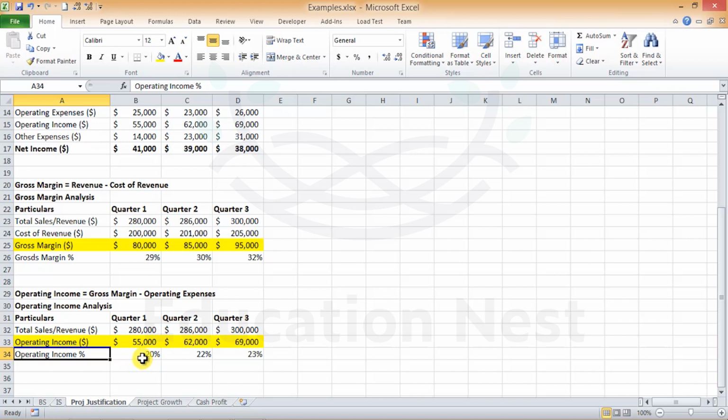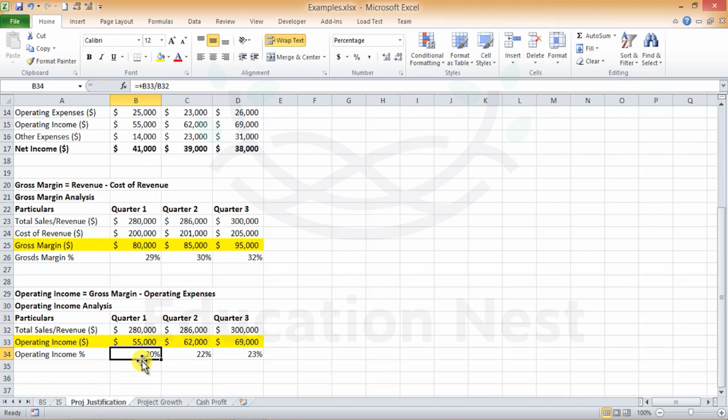Surely the operating expenses which are incurred specifically for the smooth operation of the project are not responsible for the reduction in net profit. In fact, there is an efficiency achieved in both the areas, the cost of revenue as well as the operating expenses, because your gross margin and your operating income are increasing quarter by quarter. They are not reducing, they are increasing quarter on quarter.